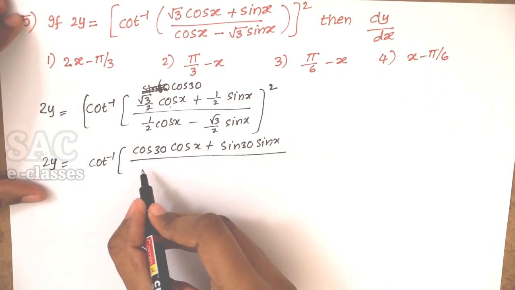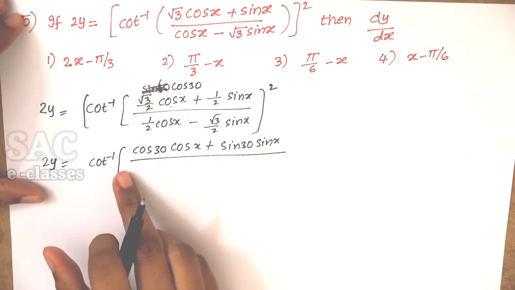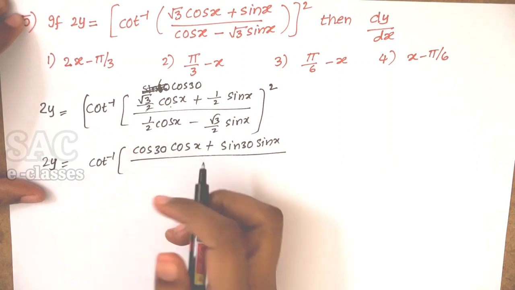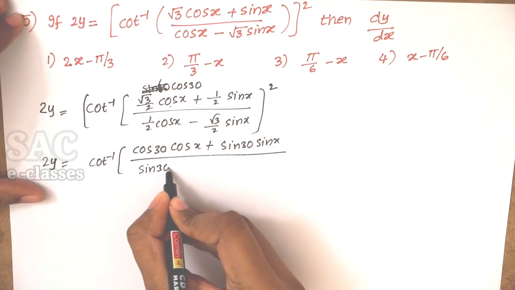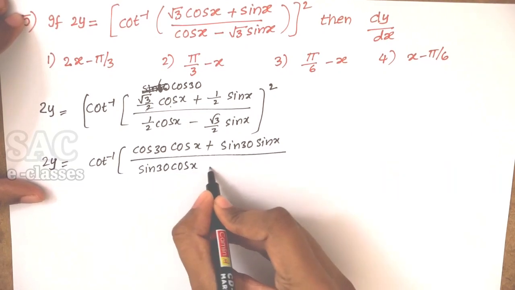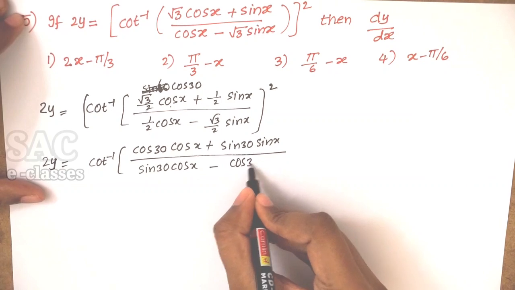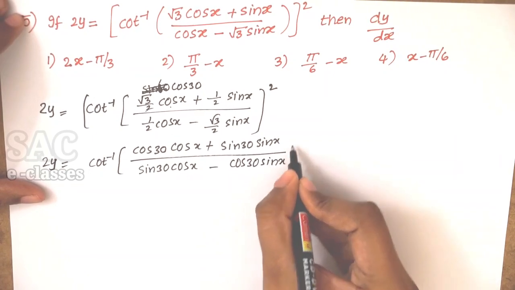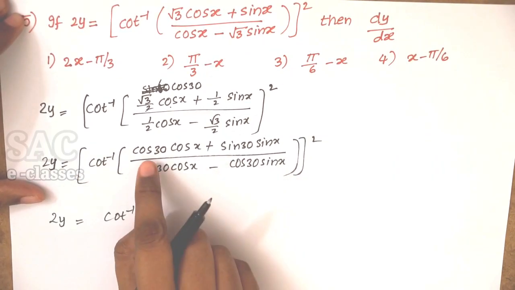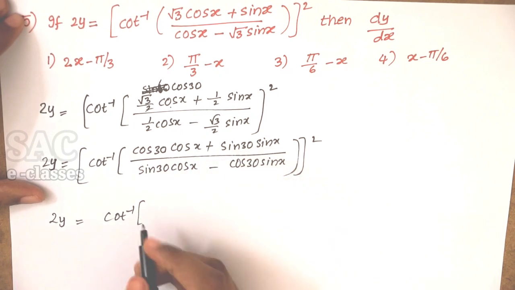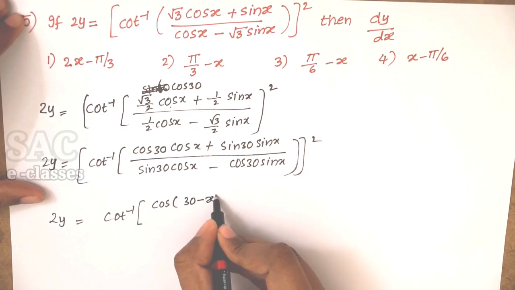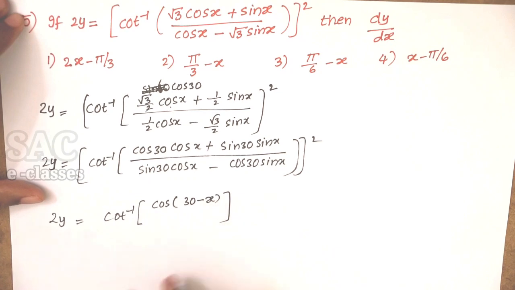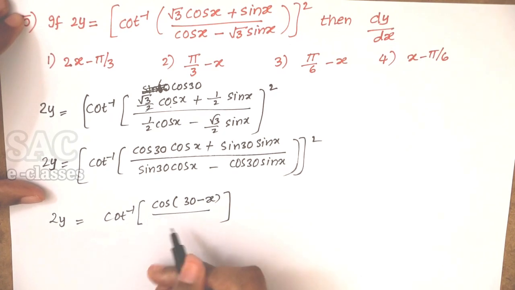Now here I need it in terms of sin, so let me take 1 by 2, as cos x is already there. That's why I am writing it as sin 30 cos x minus cos 30 sin x. Obviously these look like cos A cos B plus sin A sin B, which you can write as cos of 30 minus x or x minus 30, whatever you write, no issues.